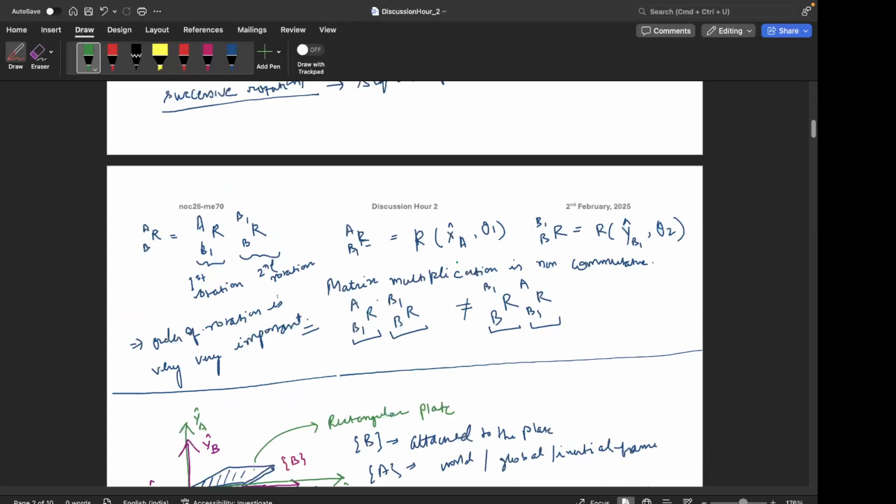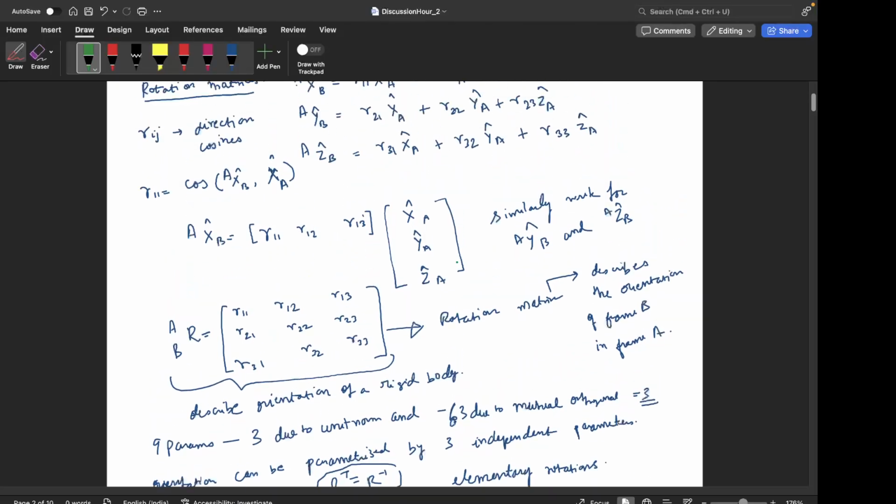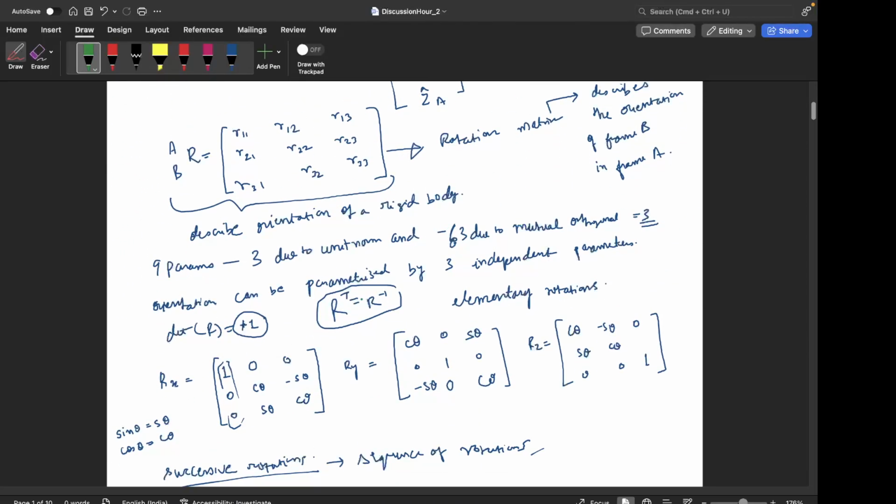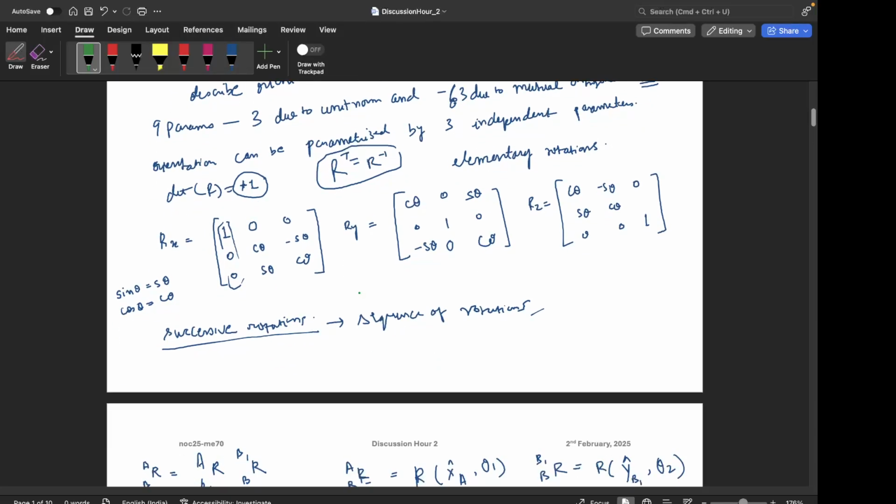Then we have a few interesting and useful properties about rotation matrices. That is, the determinant of a rotation matrix is always plus one. The inverse of the rotation matrix is its transpose. That is, a rotation matrix is orthonormal. Each of the columns of the rotation matrix are orthogonal to each other, and they are also unit vectors.